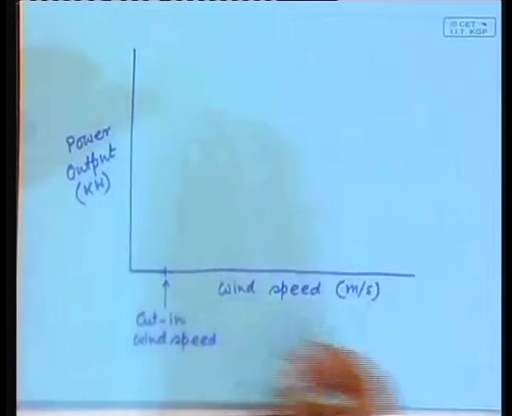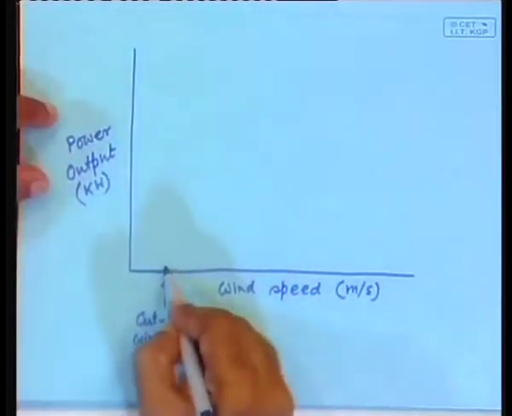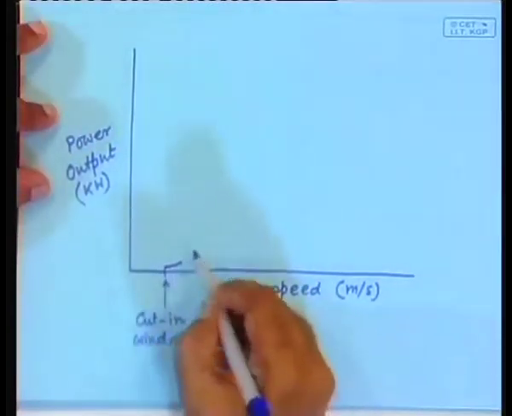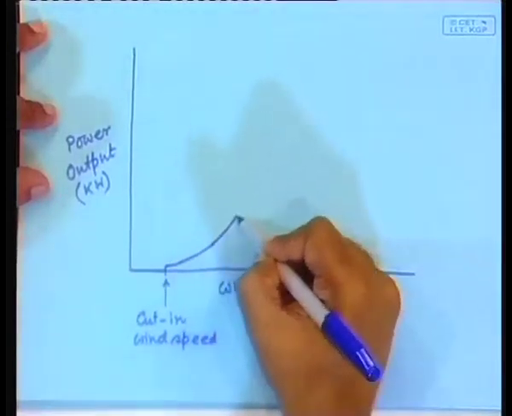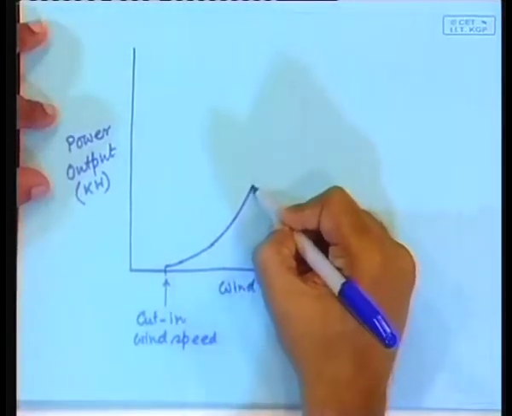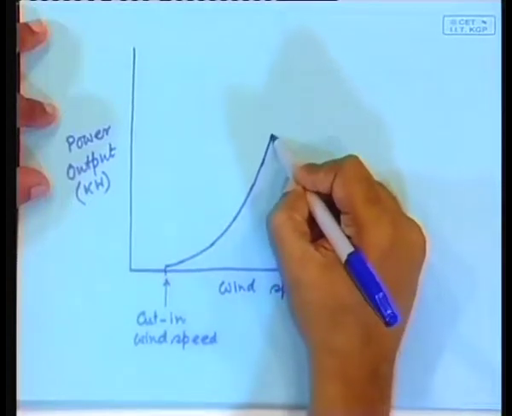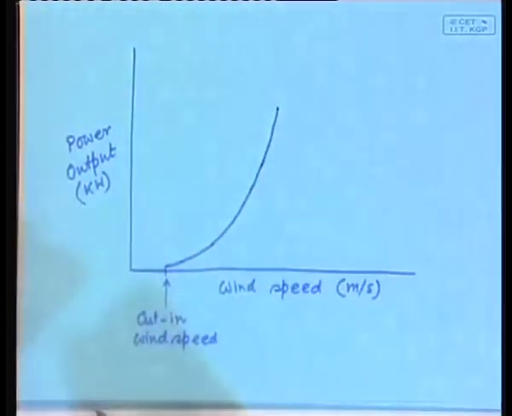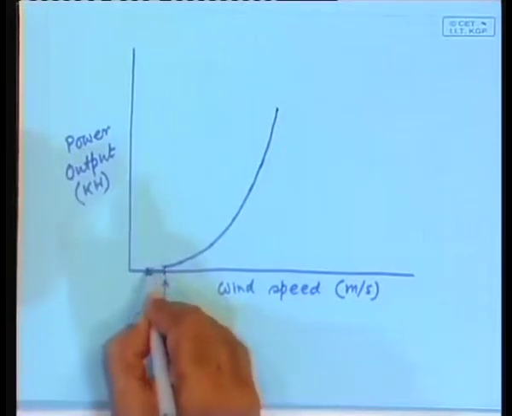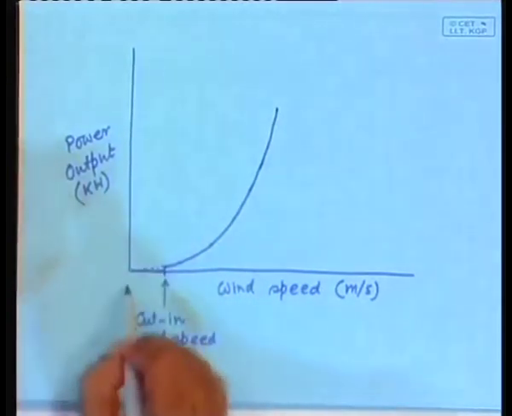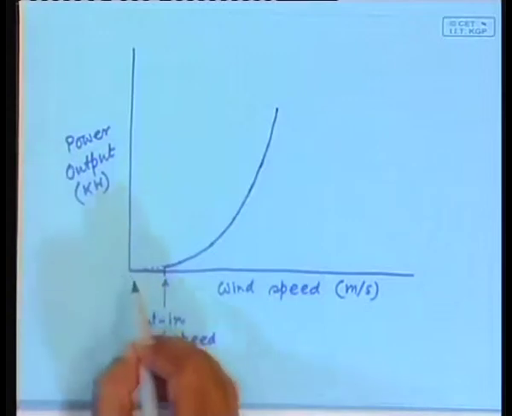So, obviously, the amount of power output will vary like this, and it will be a cubic characteristic. Fine. At this point, if you extrapolate, it should go to 0 at 0 velocity.